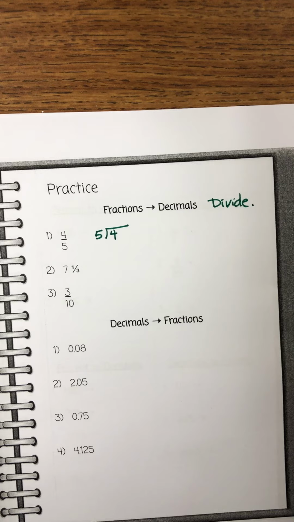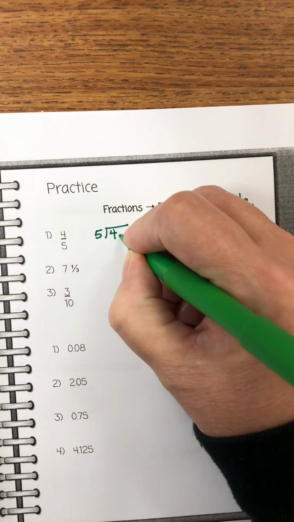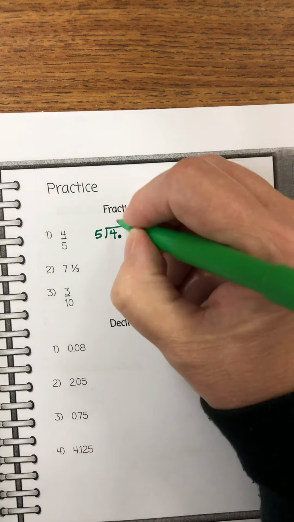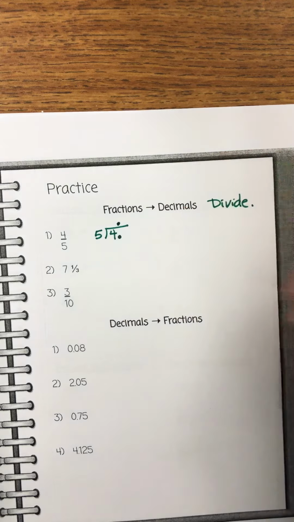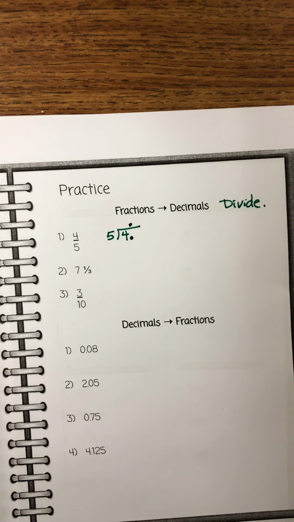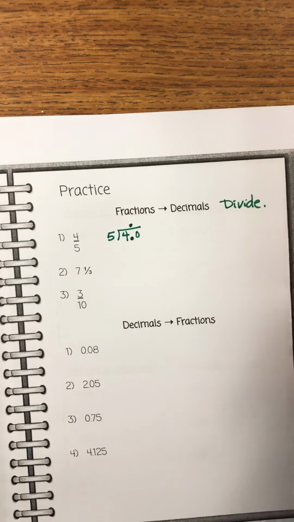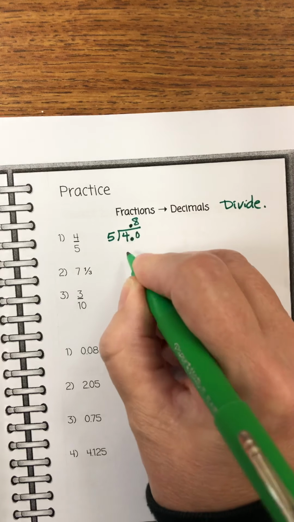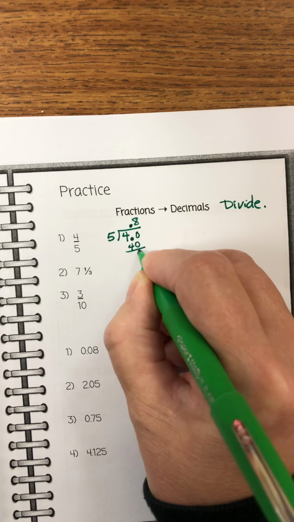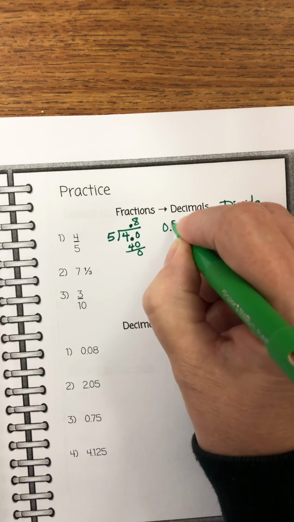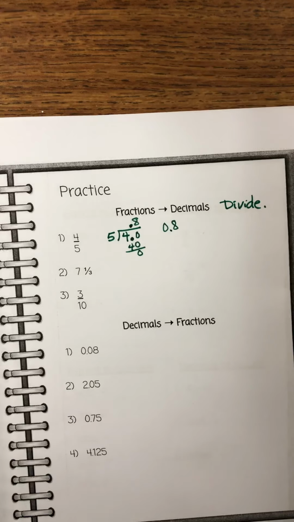Now because we're changing it to decimals, you are going to want to put your decimal in both the dividend and in your quotient place. Now 5 can't go into 4, but it can go into 40 8 times. So the decimal is 8/10. Now, yes, you're going to need to put a 0 in front of it. That's the proper way to write a decimal.